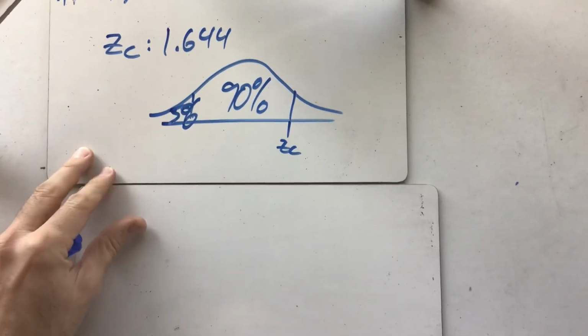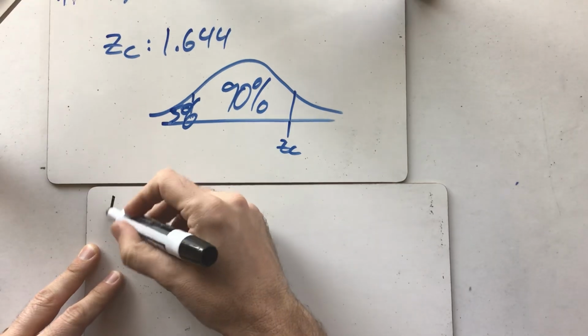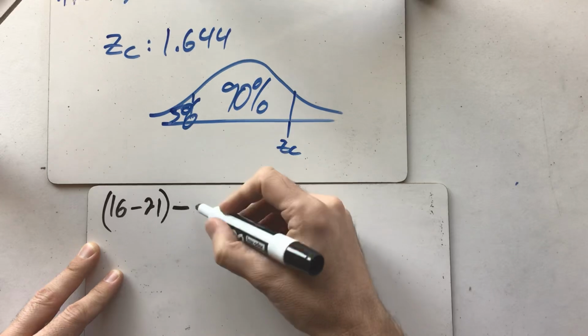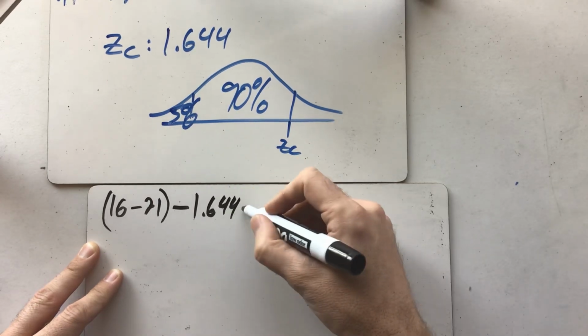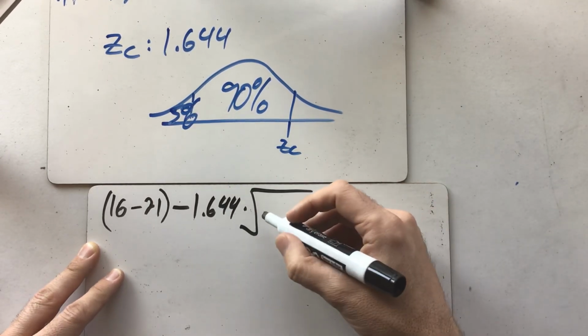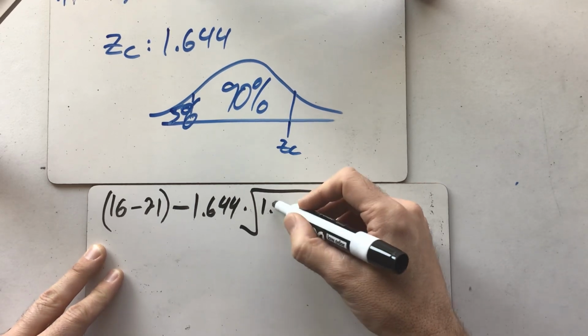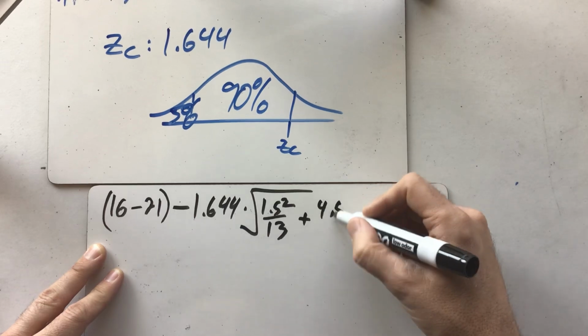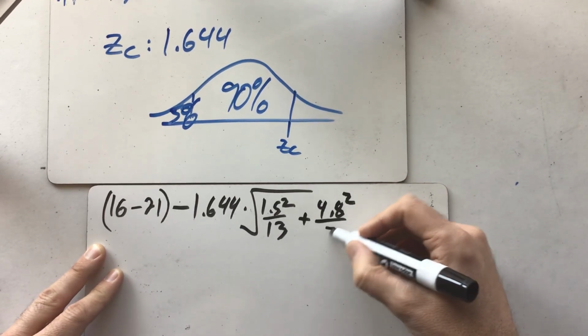Okay, so I'll start with 16 minus 21 minus 1.644 times the square root of 1.5 squared over 13 plus 4.8 squared over 7.